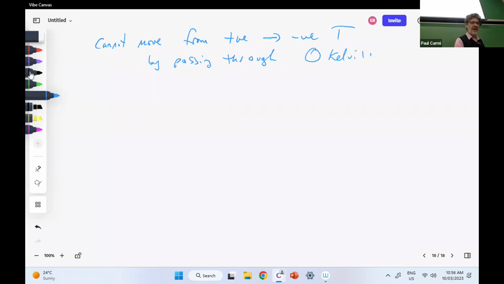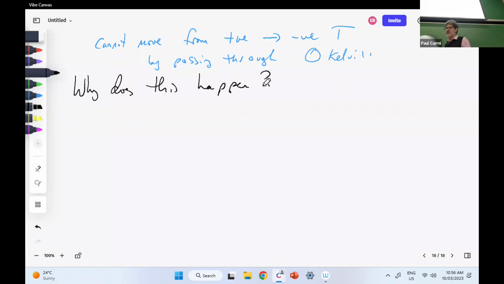So, question for you guys. Why does this happen? So I want you to think about it. Entropy is log of number of microstates. What is special about this system?